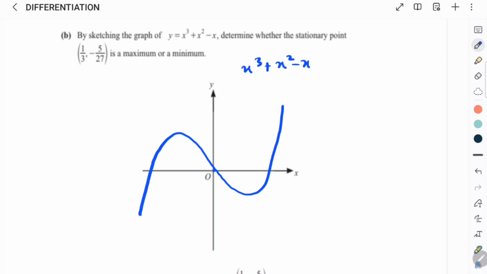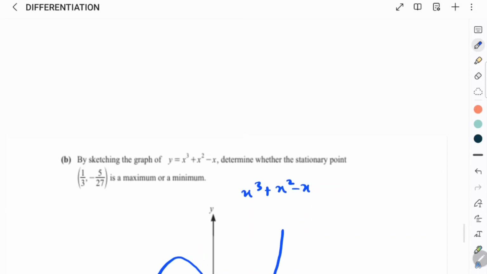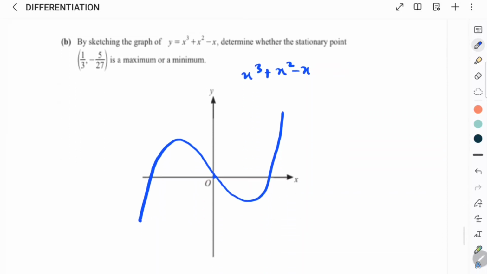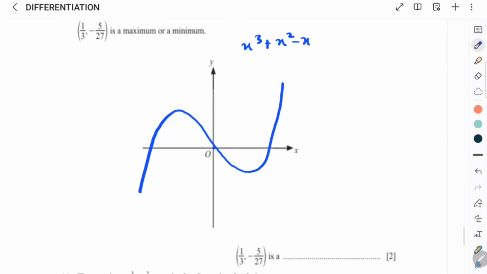So obviously, with the positive coefficient, we have two stationary points. One of the stationary points is 1 over 3 and minus 5 over 27, which they are asking whether it is a maximum or a minimum point. And the other one is minus 1, 1.